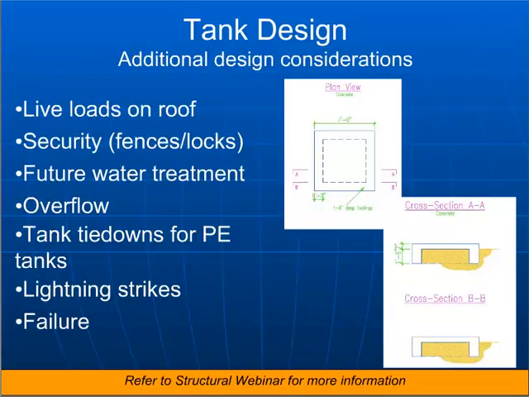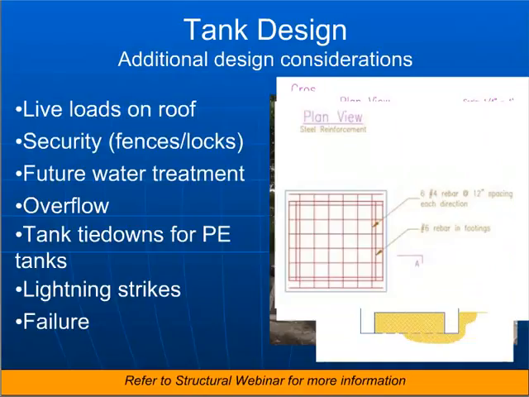Here are just a few more pictures of the type of detailed drawings that you would typically want to include with your submittal for a tank. And again, I think it's good to err on the side of simplicity when you're putting these drawings together, and making sure that you can take these drawings and communicate them with either your contractor, your mason, or the local skilled labor force that you're going to be working with to get this construction done.